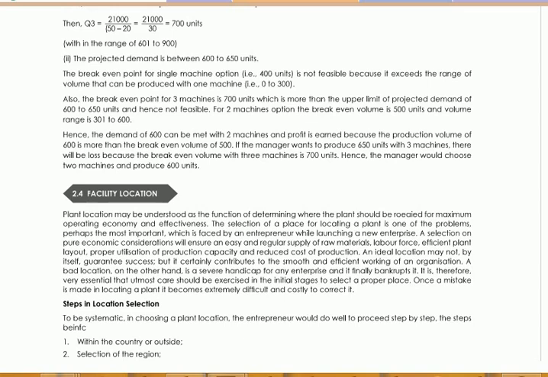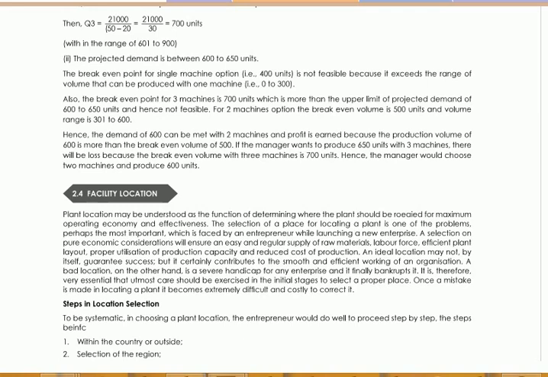But if we focus on the break-even point, it comes to 400 units. The break-even point is 400 units and the range given to us is from 0 to 300, so we can interpret from this that the break-even point is exceeding the highest limit given in the range.